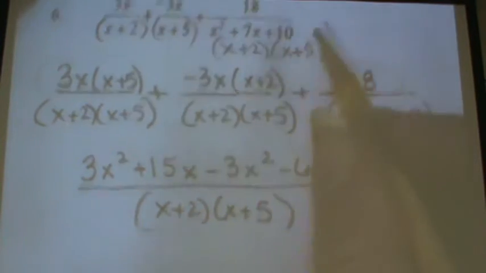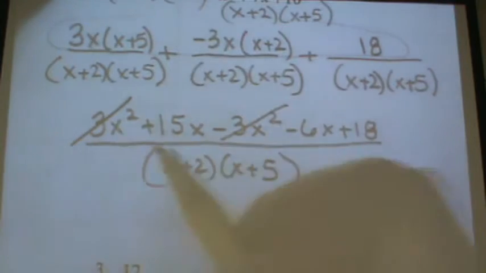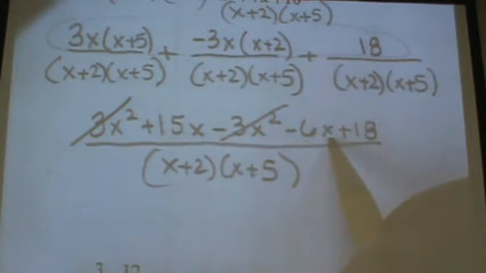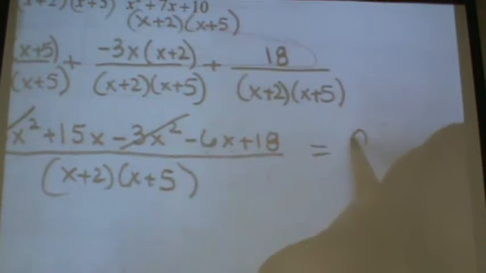Okay, what cancels? 3x squared. What do you have? 9x plus 18, because 15x minus 6x is 9x, plus 18.